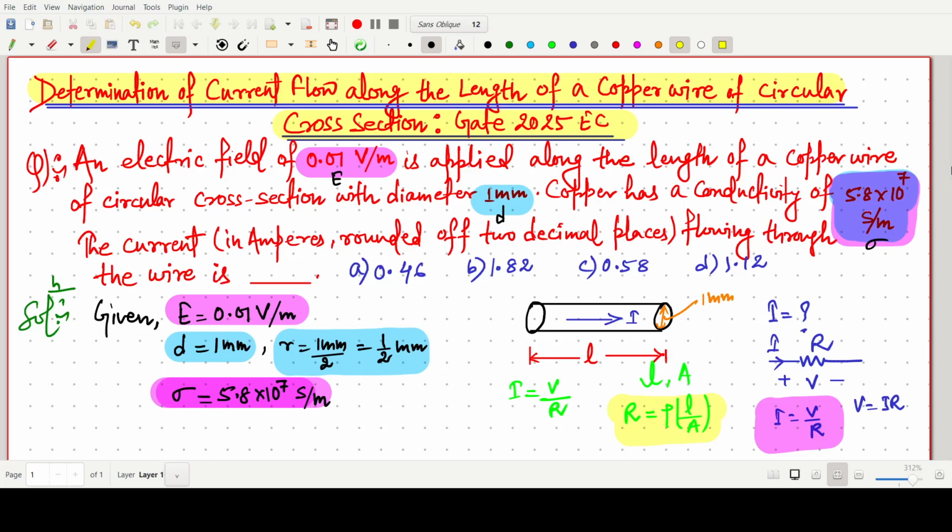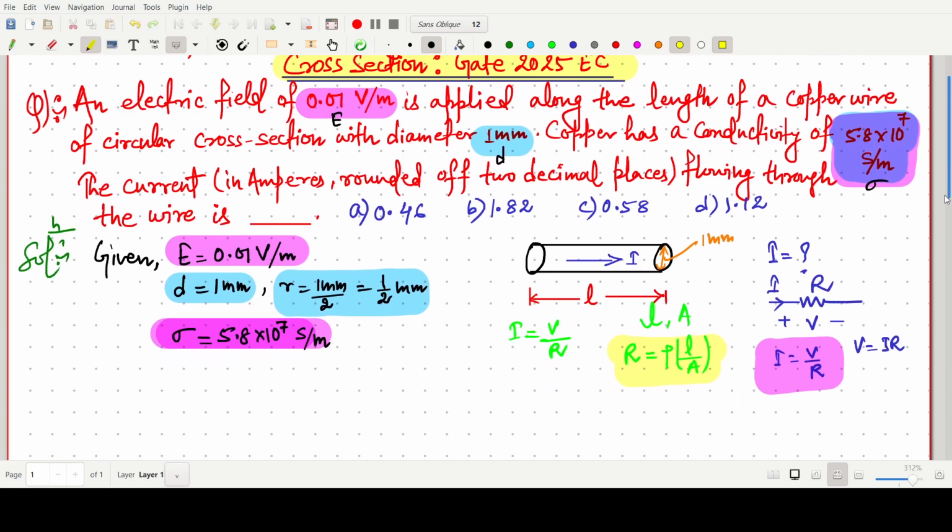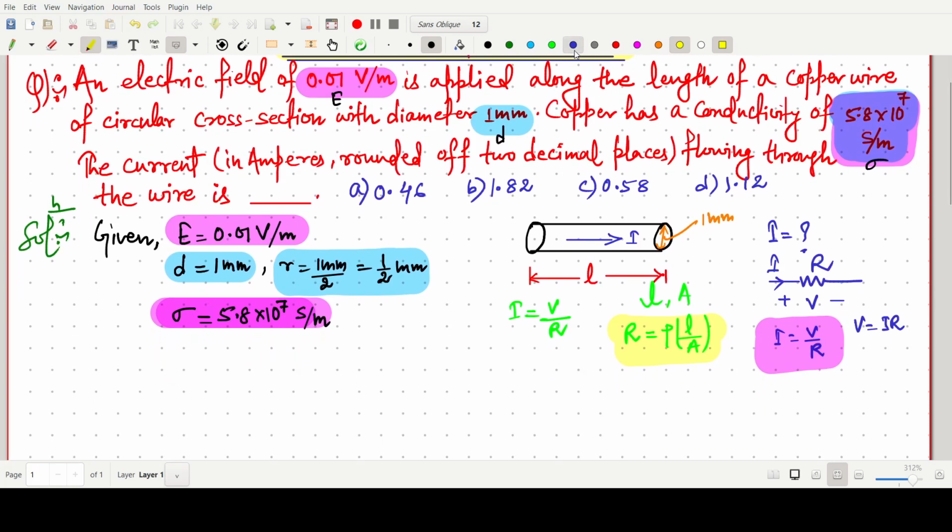And one more formula: the electric field is written as dV by dL, or sometimes as V by L. This is another formula that I will use.